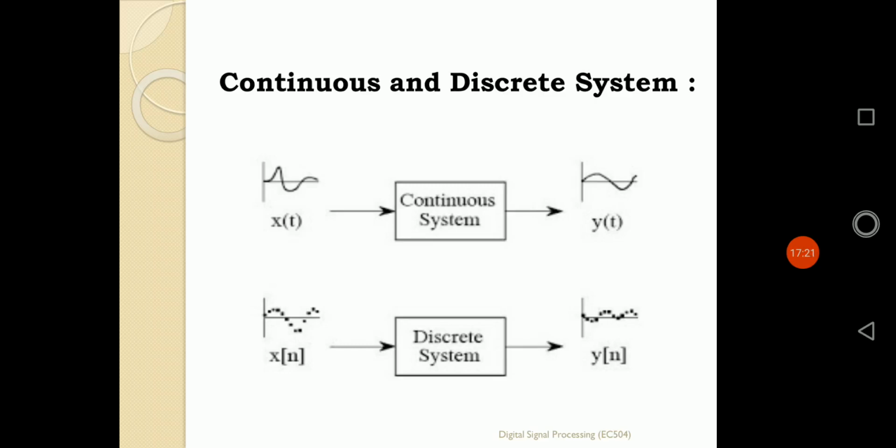Only for some specific instants of time are we gathering an idea about the signal. And whenever we process that discrete time signal through the system, the output is also a discrete time output. Whatever it is, it can be an amplifier, it can be an oscillator. A digital signal processor, DSP, also accepts only digital signals. It can be a discrete time signal.